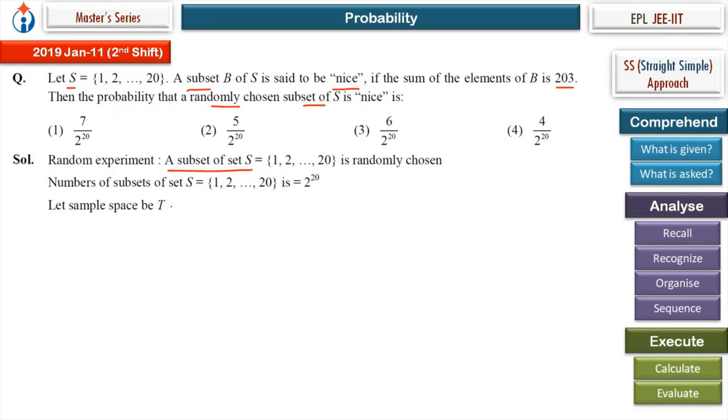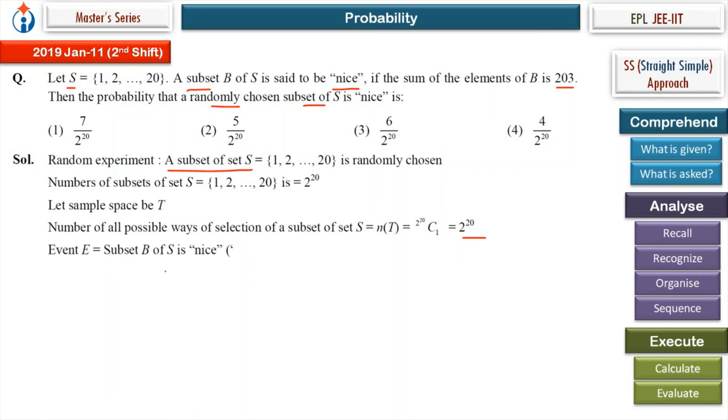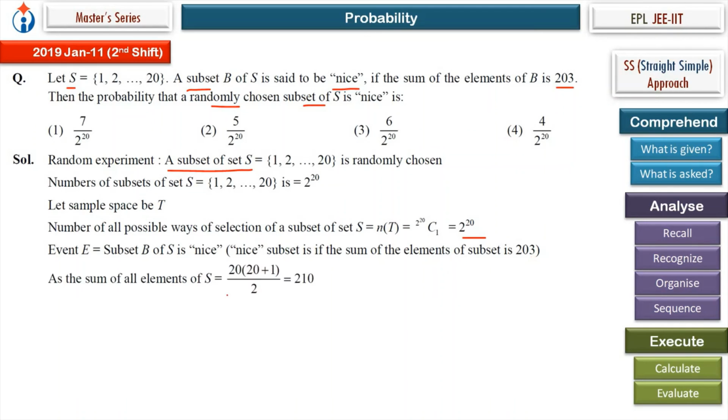So let the sample space be T. The number of all possible ways of selection of a subset of set S is equal to 2 to the power 20. You have to select one set, right? Event E is subset B of set S is nice. Nice subset if the sum of the elements of the subset is 203.